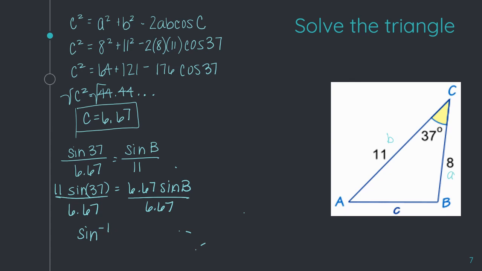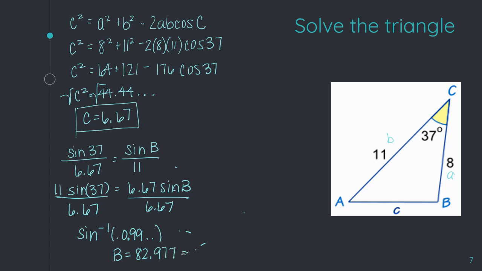So sine of 37 times 11 divided by 6.67 gives me 0.9924, etc. So I'm going to do second sine, second negative, and I get that angle B is 82.98977.